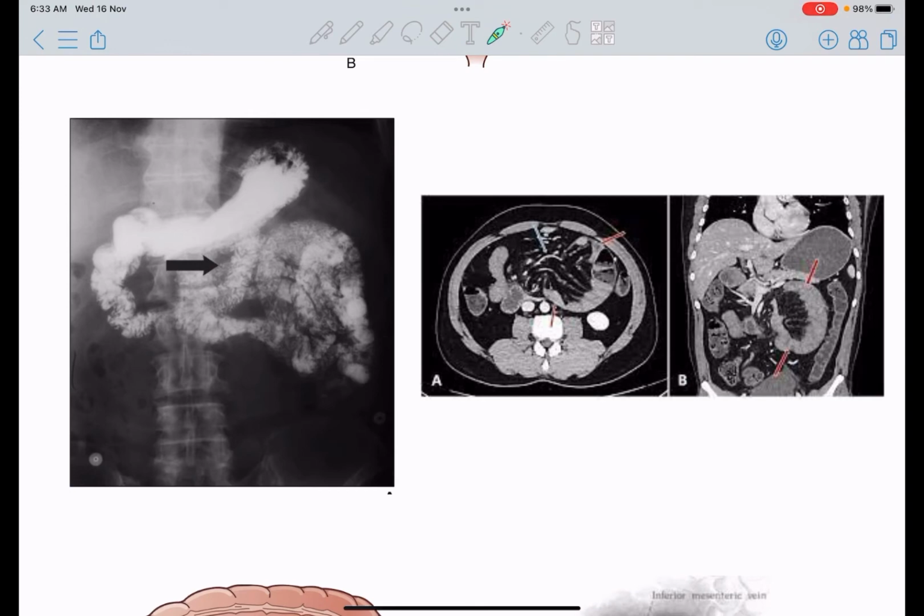When a barium study is done, the bowel loops appear to be collected together on the left side, or more specifically in the left paraduodenal region like this.